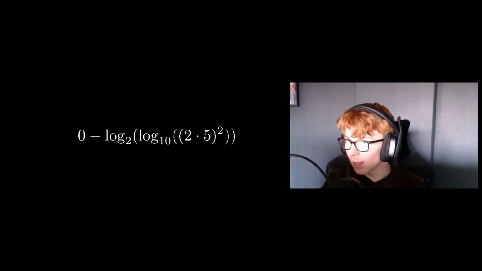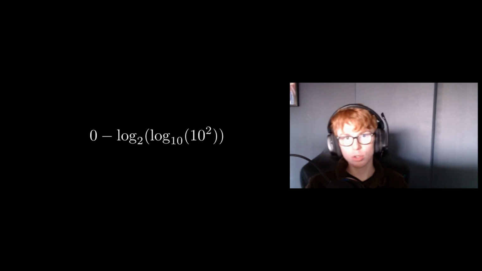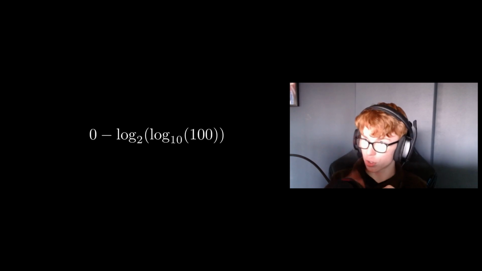Then next, 5 times 2. Okay, it's 10, obviously, of course. Super easy. Alright, but then we have 10 squared. Okay, so 10 squared is 100. So there's 2 zeros, and log base 10 of 100, because there's 2 zeros, that would be 2. And the log base 2 of 2, that's just rule 1. I think it's rule 1.